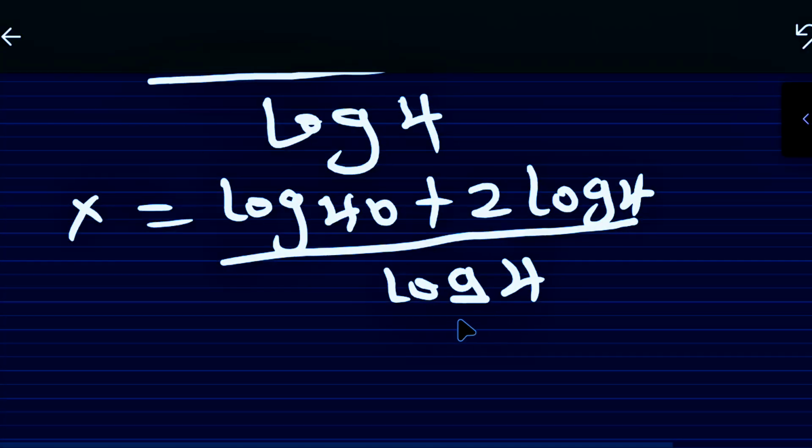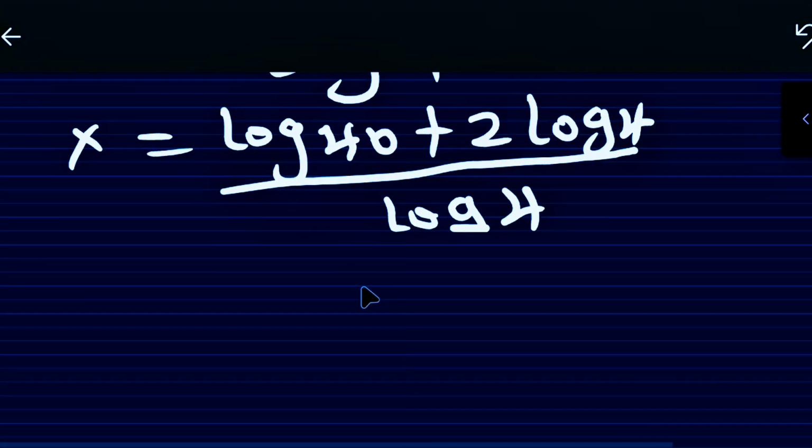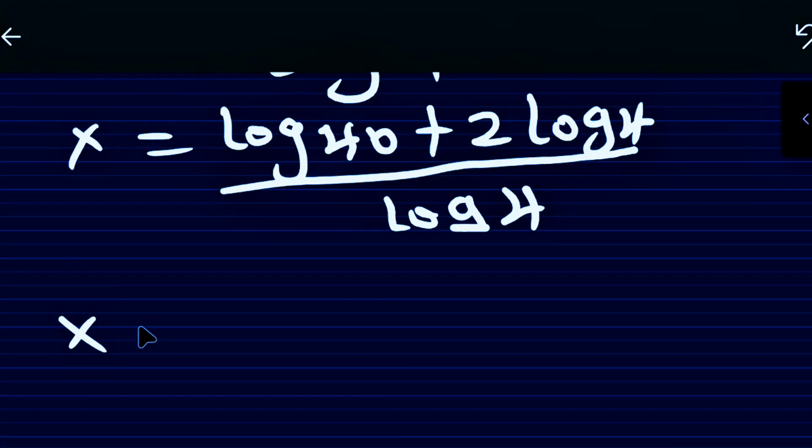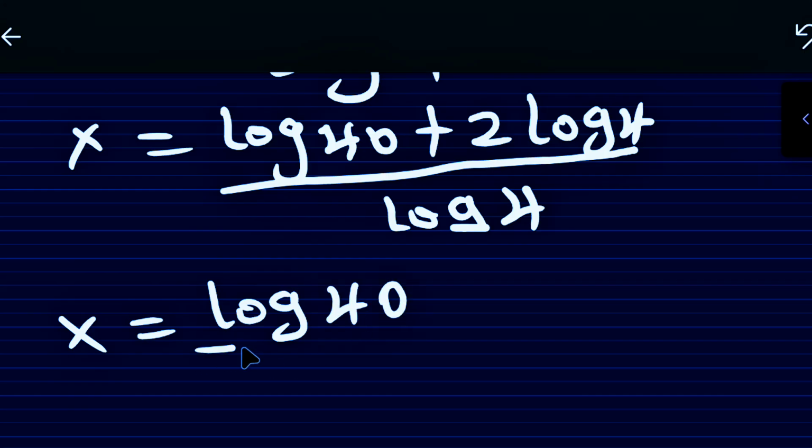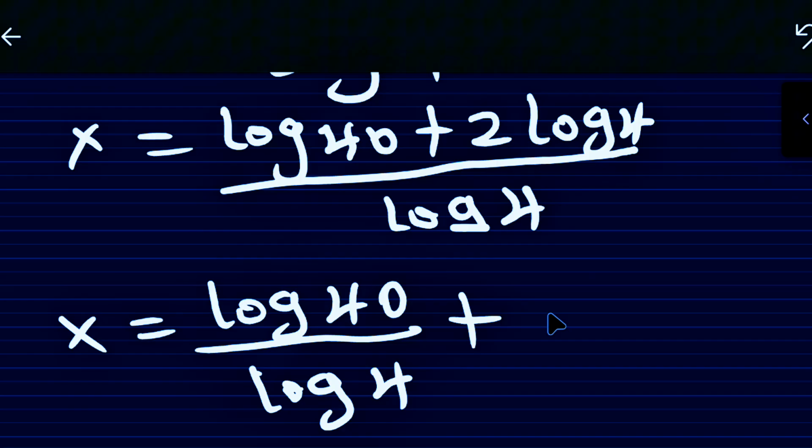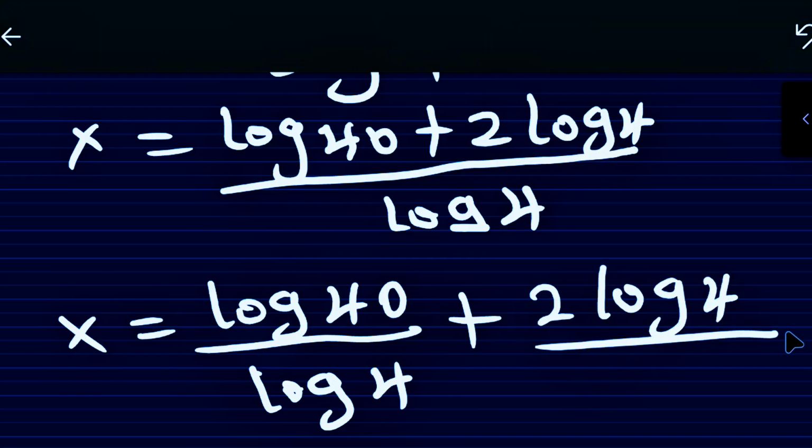Looking at this, you can see that in the denominator we'll have log 4, so it simply means that we'll have a common denominator. If that is the case, x will be equal to log 40 divided by log 4, then plus 2 log 4 divided by log 4.